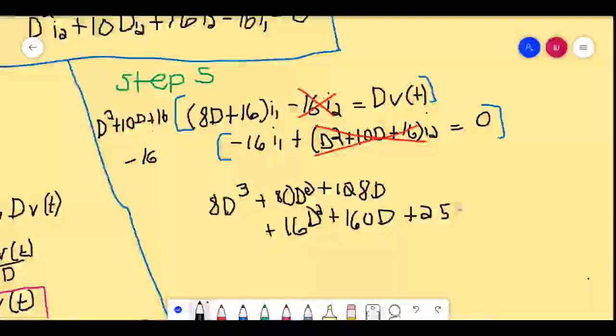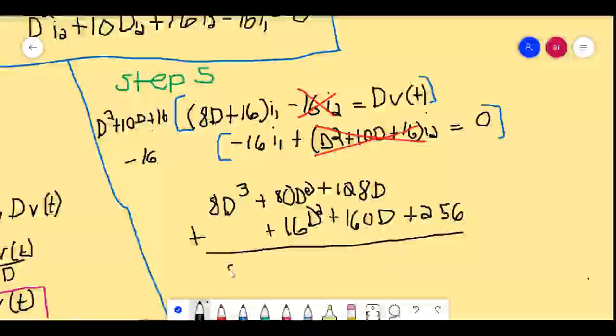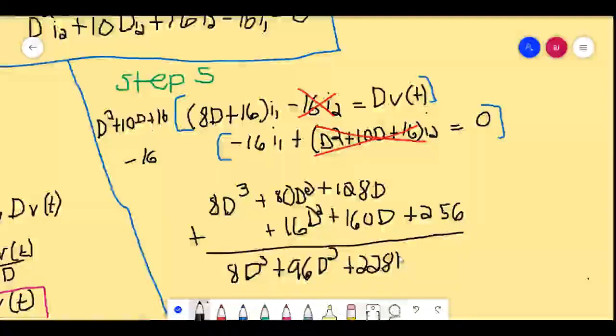Then 256. So add 8d cubed plus 96d squared plus 228d plus 256.